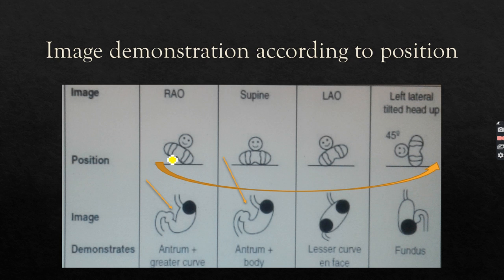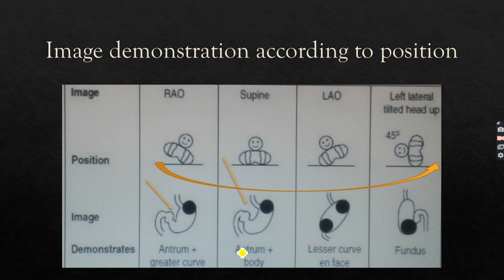Because in this position the antrum is on the right and anterior, and the greater curvature will come into account. So as we go from right anterior oblique, from antrum or greater curvature towards the fundus, the position of the patient is turned like this. Just follow this arrow. Rotation is being done. The right anterior oblique, then the supine, X-rays coming from this side, then left anterior oblique, and this is left lateral tilted head up, almost 45 degrees.